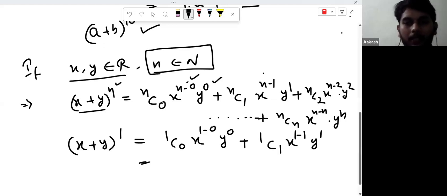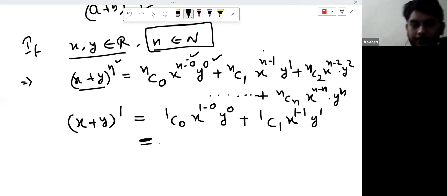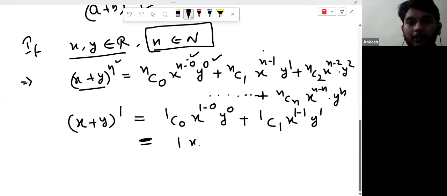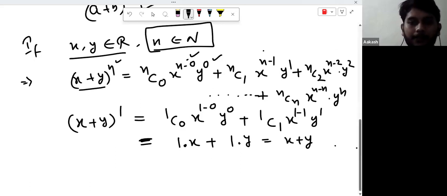So 1c0, who can tell me the value of 1c0? What is 1c0? 1. Right? And this is 1 times x plus 1c1 is 1. So we can see this is x plus y.